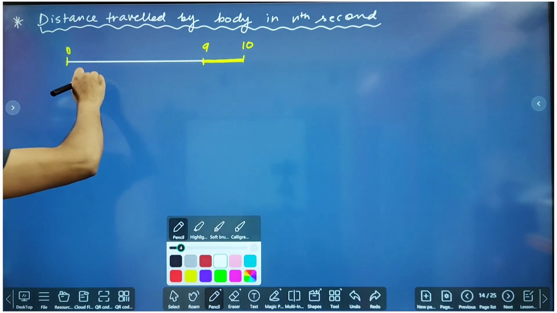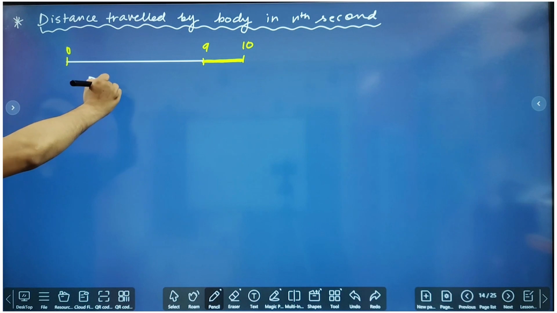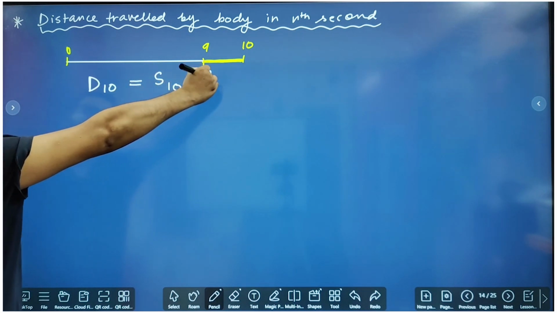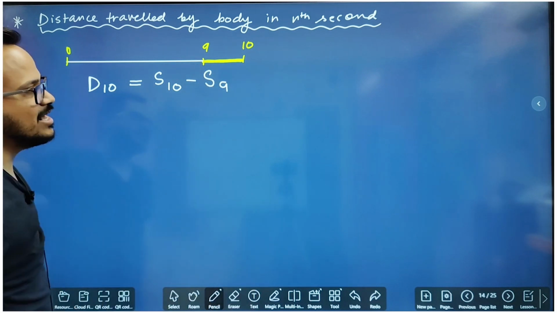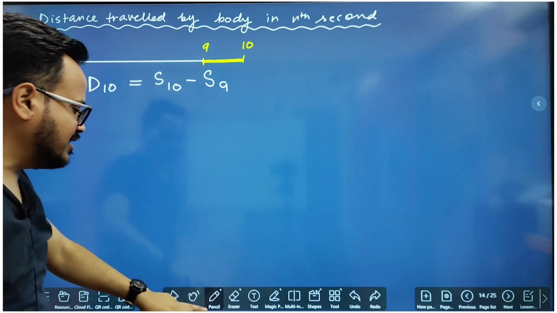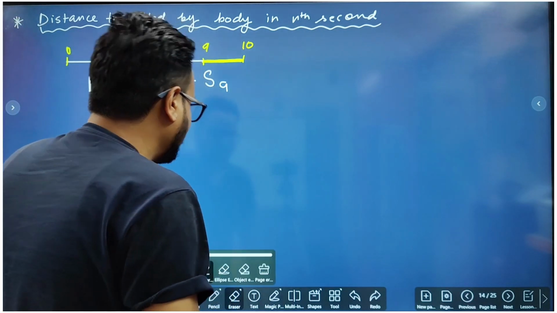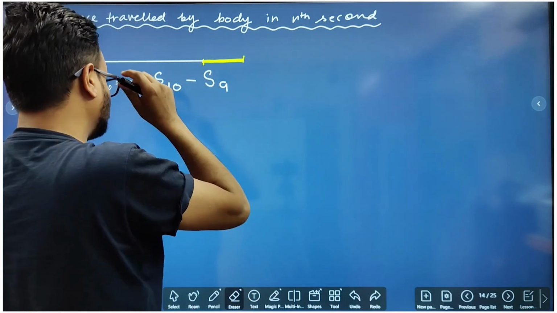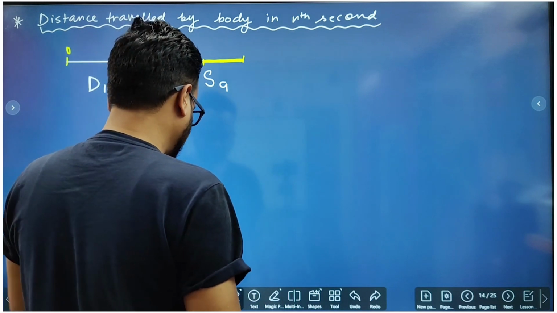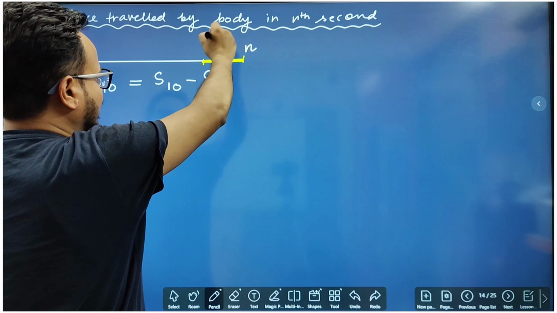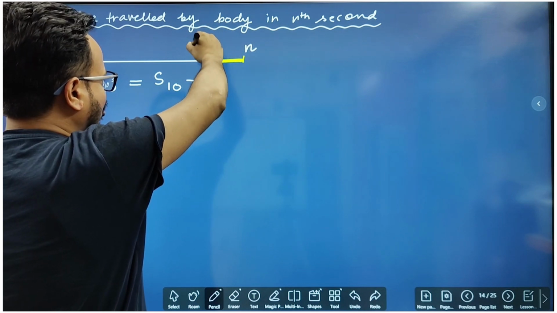So this capital D10, which is the distance traveled by body in 10th second, is S10 minus S9, right? Okay, so this is the concept. So if we take this 10 as any second n, so this one is n minus 1.